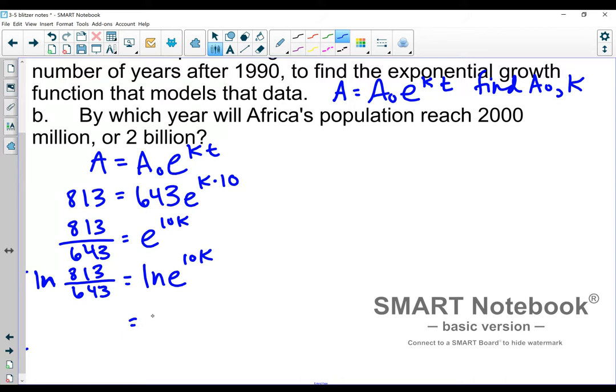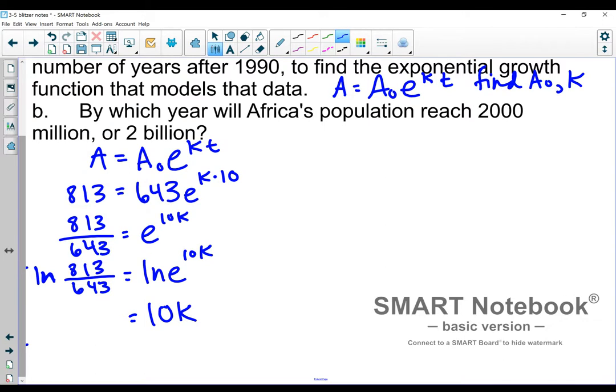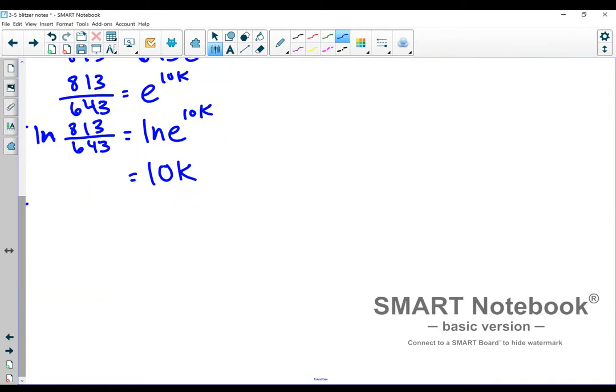And so now on the right, we're left with 10k. It simplifies. We say cancels out kind of loosely, which is not really correct math language, but we all kind of understand that. And on the left, I have natural log of 813 divided by 643. And now I would have to divide both sides by 10. So 1/10 of the natural log of 813 divided by 643 is equal to k.